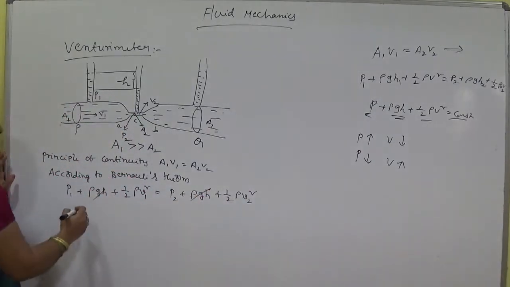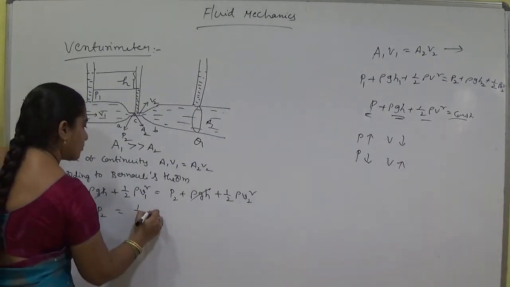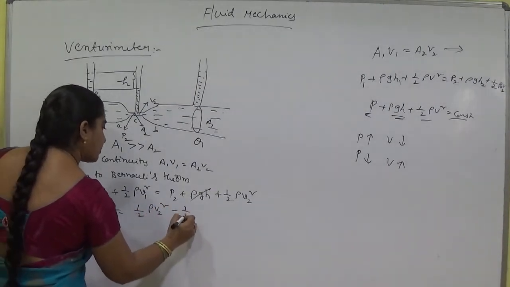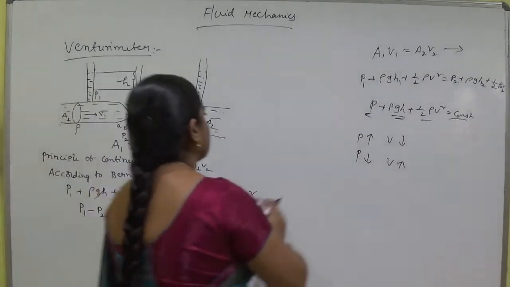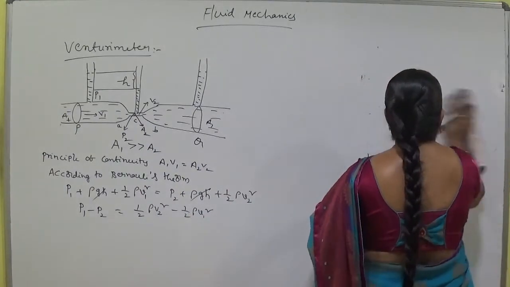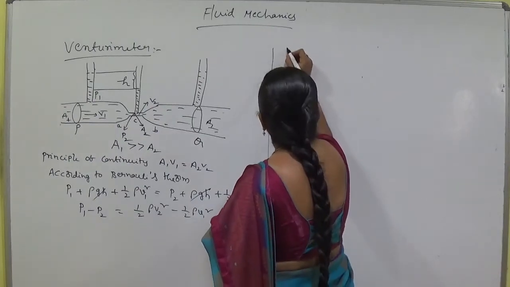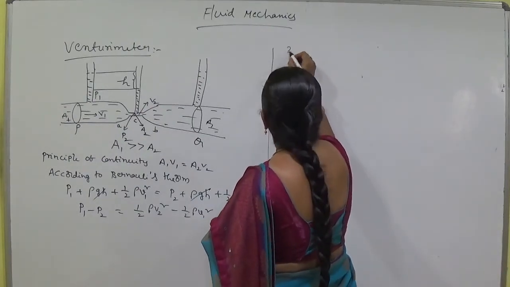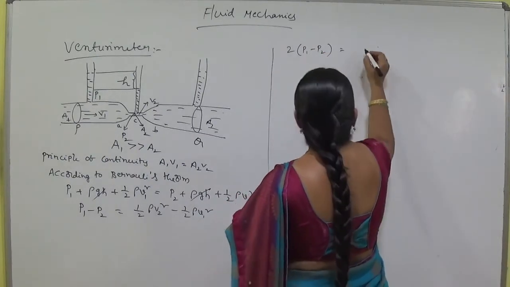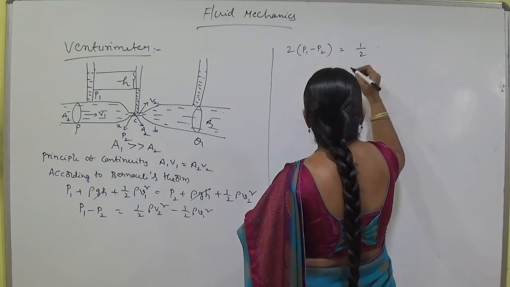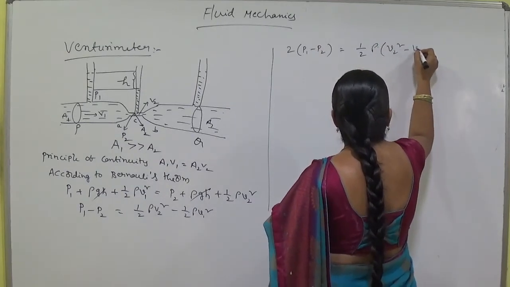The rho GH terms cancel. P1 minus P2 is equal to half rho V2 square minus half rho V1 square, which is half rho into (V2 square minus V1 square).